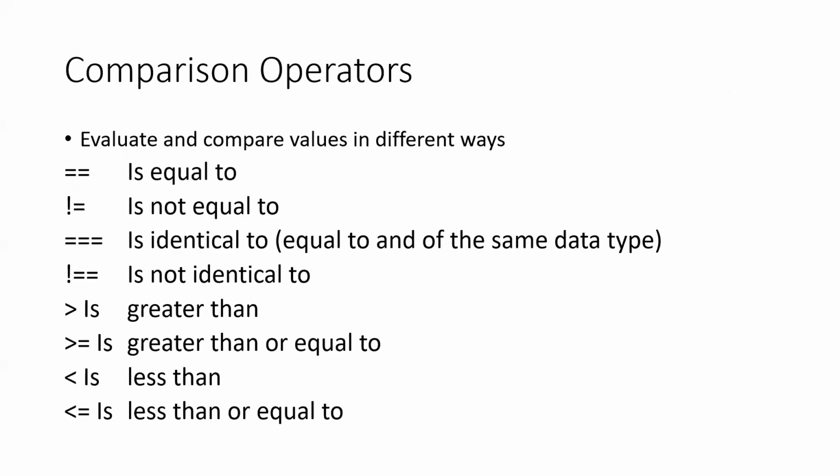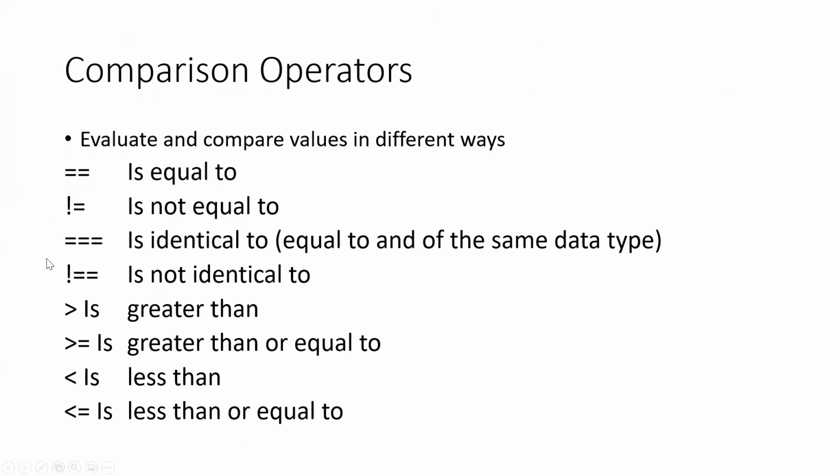The comparisons are important when you want to compare the values. So not identical, we can say that's three. This is what I have described to you. So whether the two values are identical, which means the values as well as the data types are identical to each other, right?